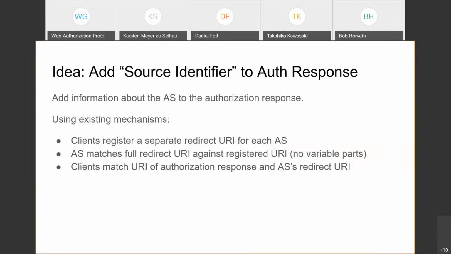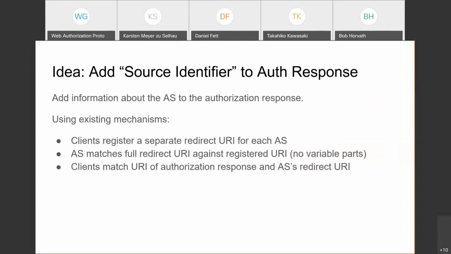And when a client is redirected back, the authorization server checks the registered redirect URI against the one in the authorization request and makes sure that they match completely. So there are no variable parts. If there were variable parts, this might undermine the protection, because the redirect URIs for each of the separate AS might just differ in a URI parameter, for example.